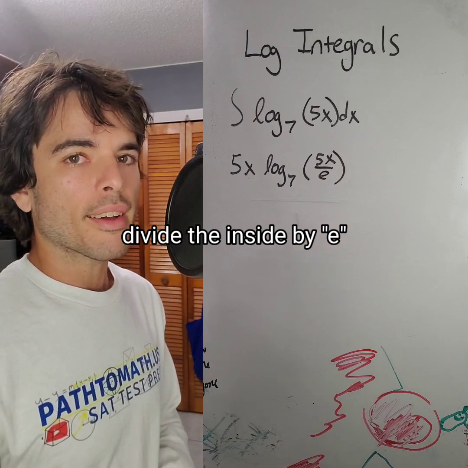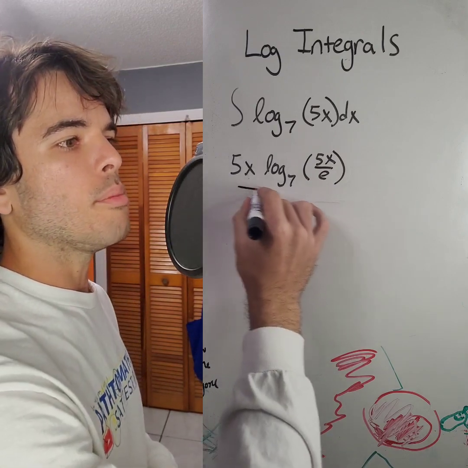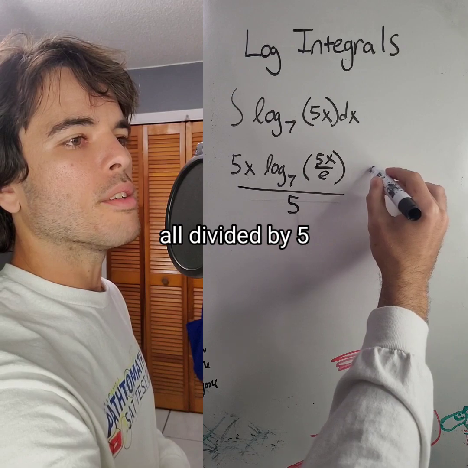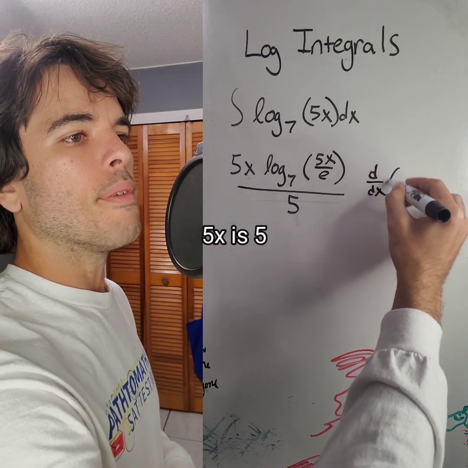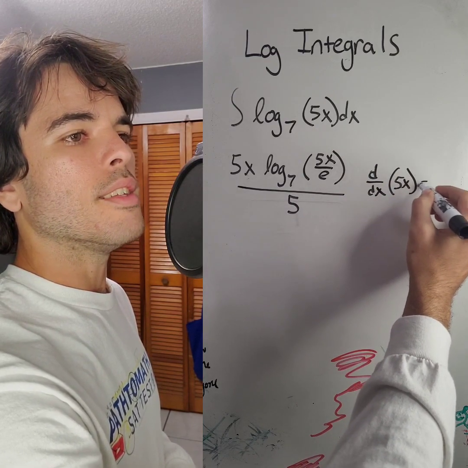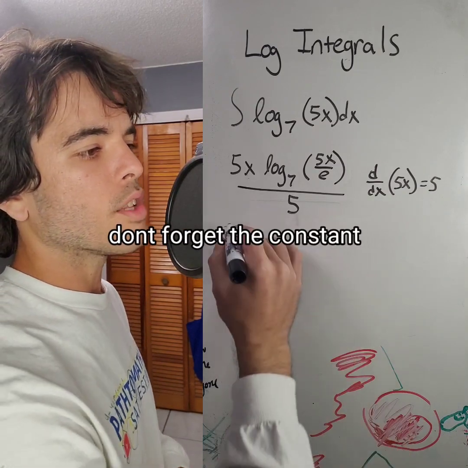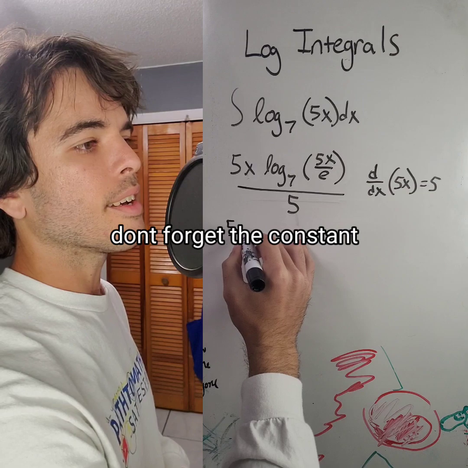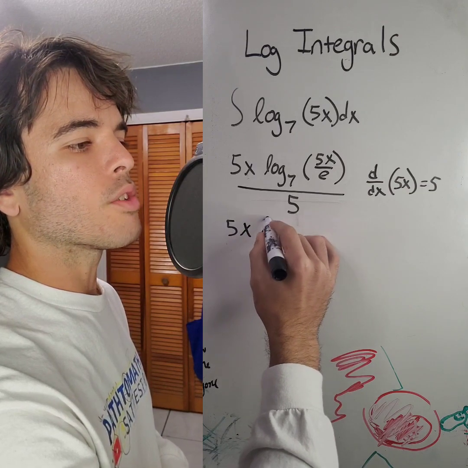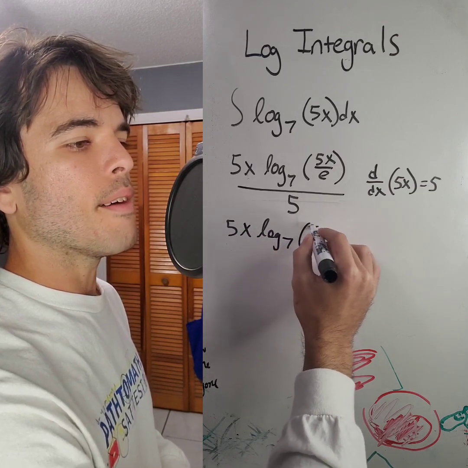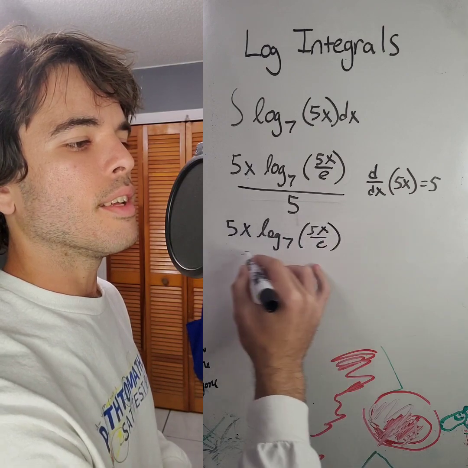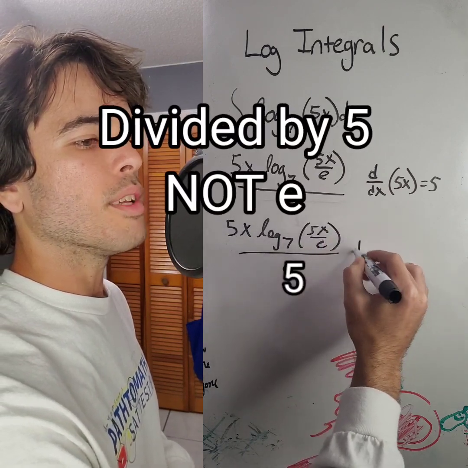We just divide it by that constant, e. This is all going to be divided by 5 because the derivative of 5x is equal to 5. And of course, with every integral, we can't forget the constant. So we have 5x log base 7 of 5x over e, divided by 5, plus c.